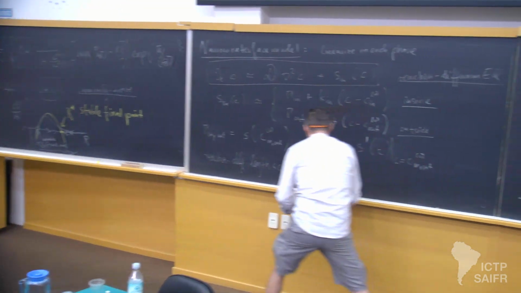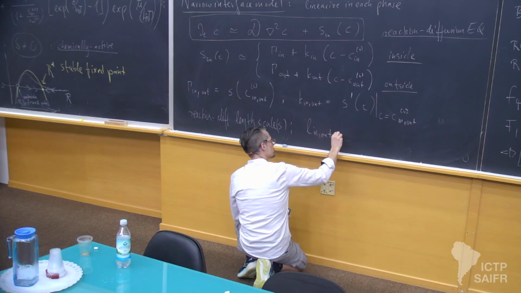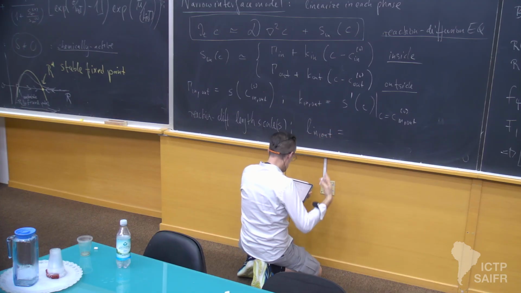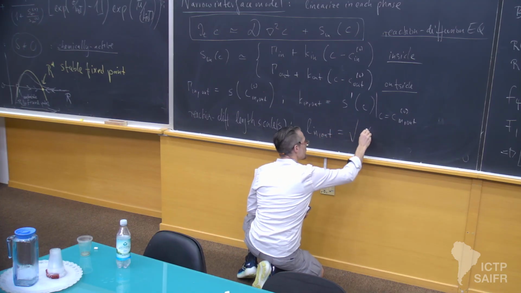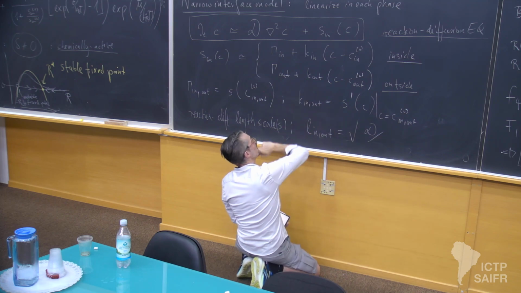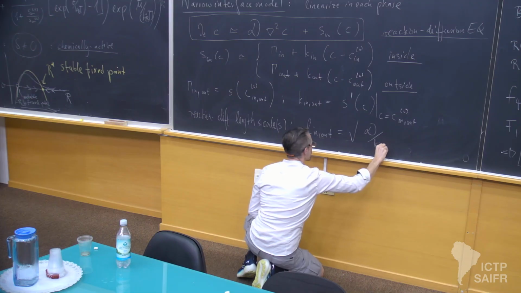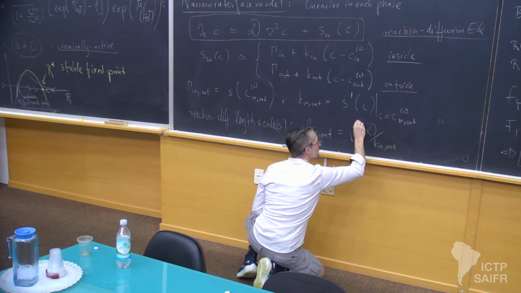I write it for the two domains, I call them L in, out. I can write it simply as D divided by, because we linearized, the reaction rate. This is what we need for a reaction diffusion length scale.